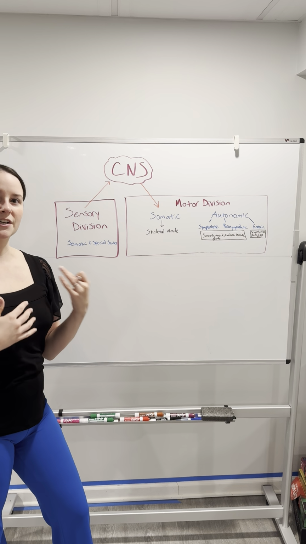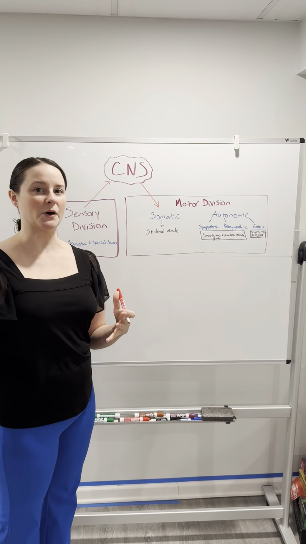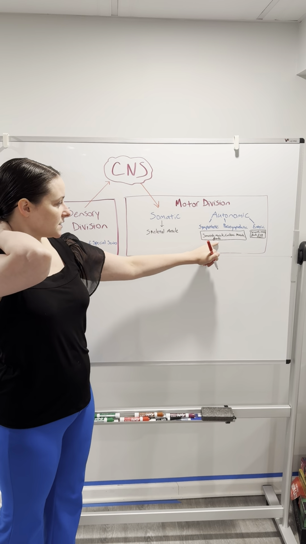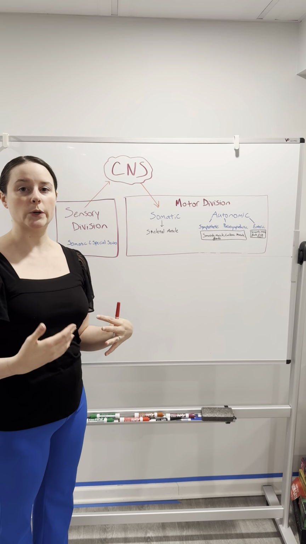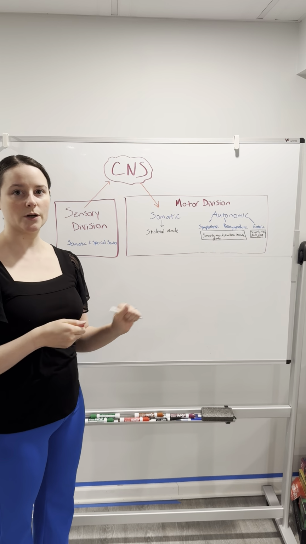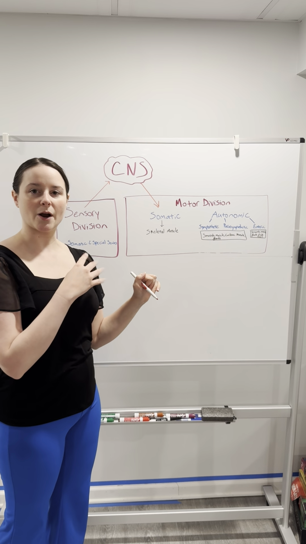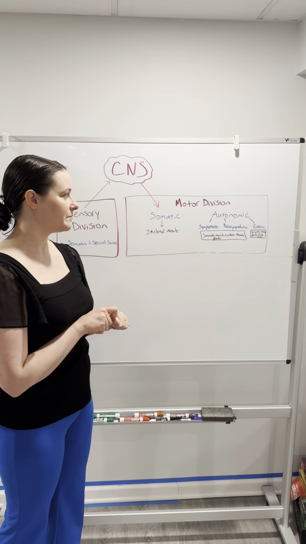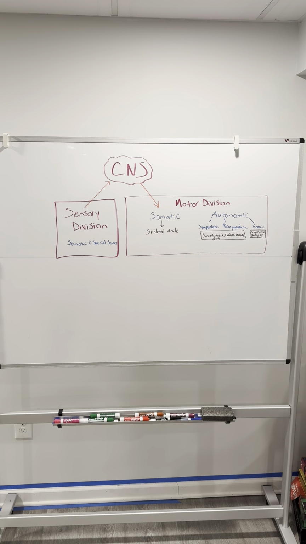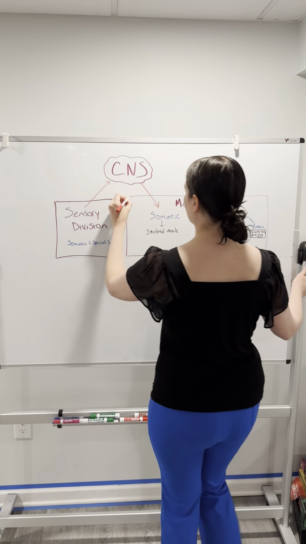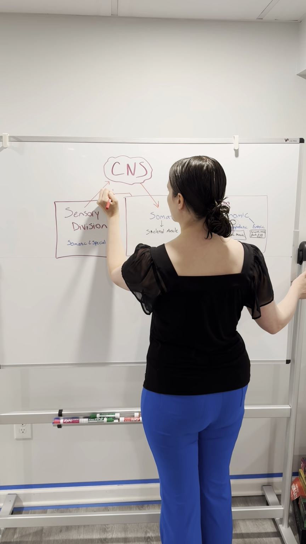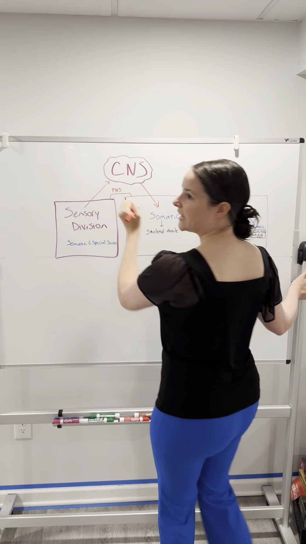So that would be like the endocrine system, which again, you'll learn more about in A&P2, but it does affect the glands as well and tells them to secrete hormones. Okay, so again, we don't control any of those things. I don't tell my heart when to pump, etc. Okay, so that's the autonomic division of the peripheral nervous system. So both of these are part of the peripheral nervous system, or PNS.